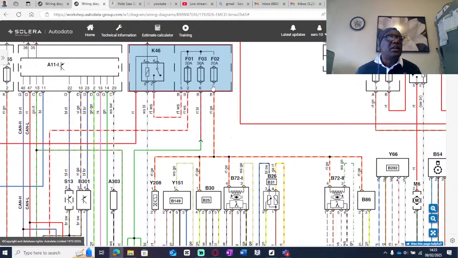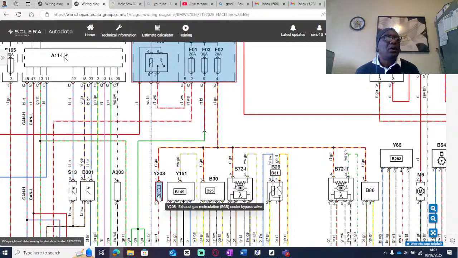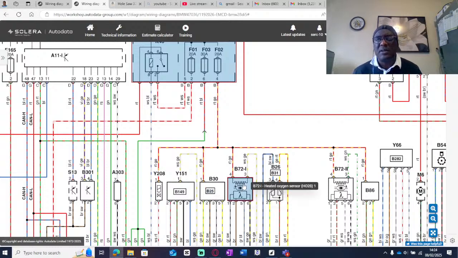With this one, you'll find the common thread. Exhaust gas recirculation, EGR, cooler bypass valve, power, low. Again, intake air temperature sensor, power, low. Exhaust gas recirculation sensor, bank 1, power, low.